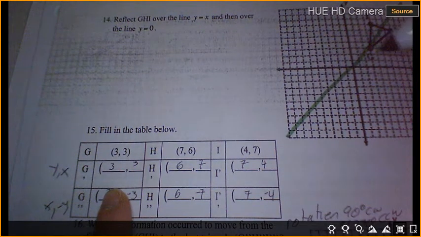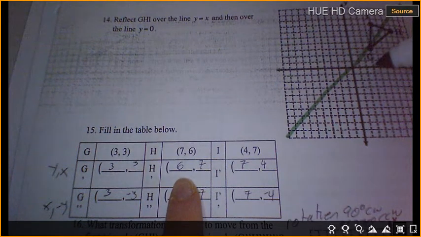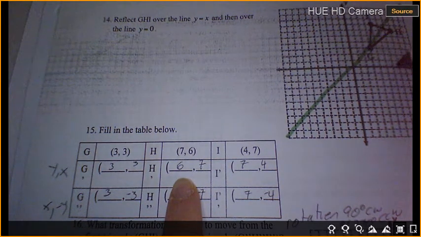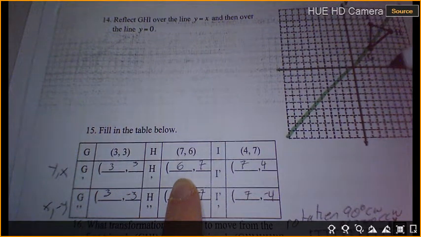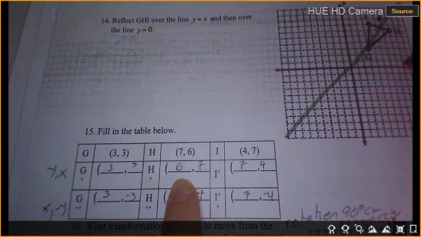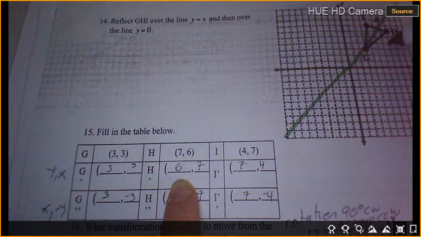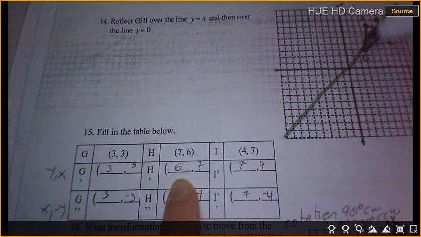So I know I'm going over 3, 3. I'm going over 6, 3, and up 7. I know I'm going over 7, up 1, 2, 3, 4. So this is my new one.